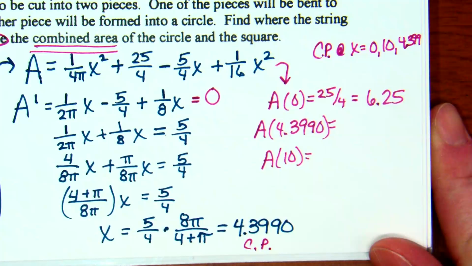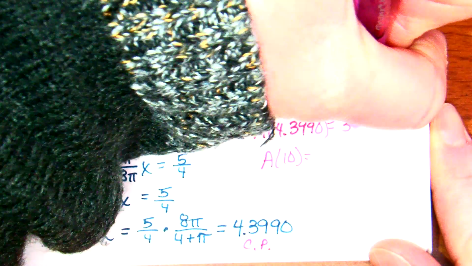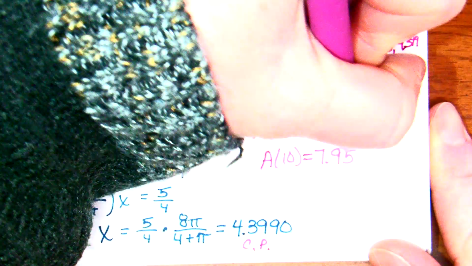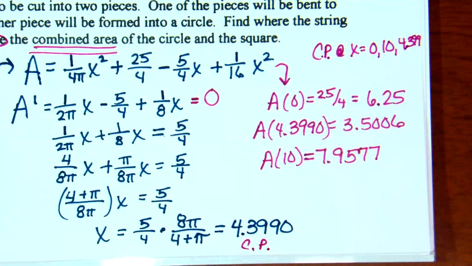And I have written down that when you plug in 10, you get 7.9577. Okay. Where's my max happening? Because we're trying to maximize. Where's the max? At 10.